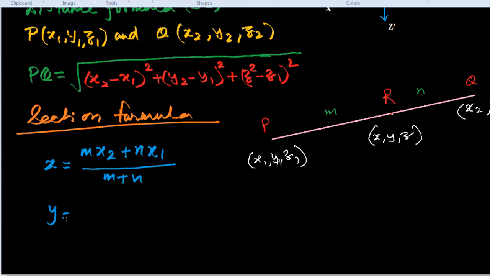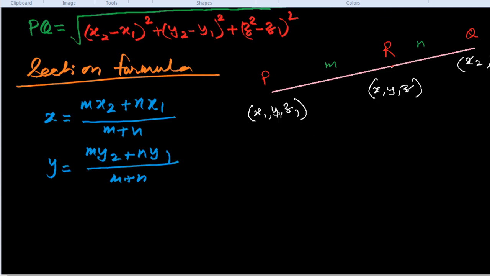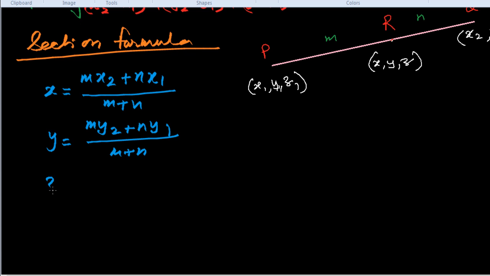For y, similarly we get m y2 plus n y1 over m plus n. There is one more coordinate, that is z, so we also have to find it for z. So m z2 plus n z1 over m plus n.